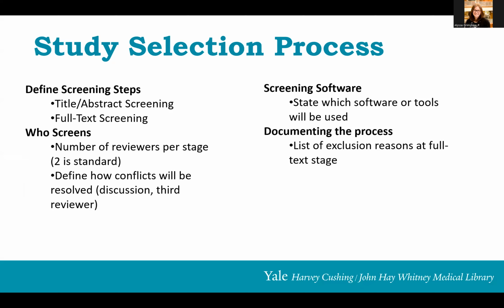Also, you want to define how conflicts will be resolved. Like we said, this could be discussion or a third reviewer. It's important to note here, and I think it's kind of confusing because my assumption would be the opposite, so I just want to put this out there for everybody: the gold standard is actually the third independent reviewer going and looking at this. Now, I feel like on reviews where we didn't have a third reviewer and instead the team met once a week and we resolved all the conflicts, the discussions were actually very helpful.